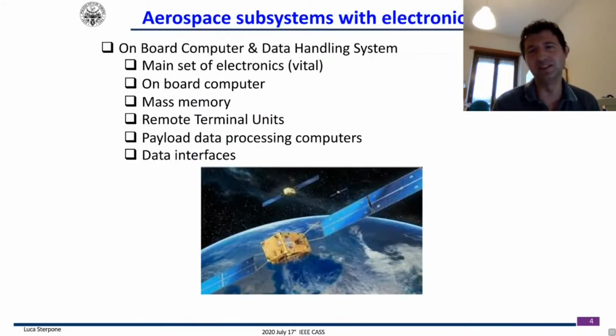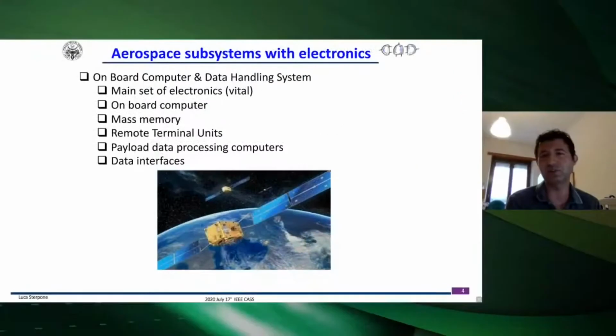So let's start with the aerospace subsystems and the electronics in them. Basically, we have FPGAs that are used for the onboard computer and for the data handling system. Some of them are used for the vital part of, for example, the satellite. And then we have a set of other resources adopted for the electronic subsystem.